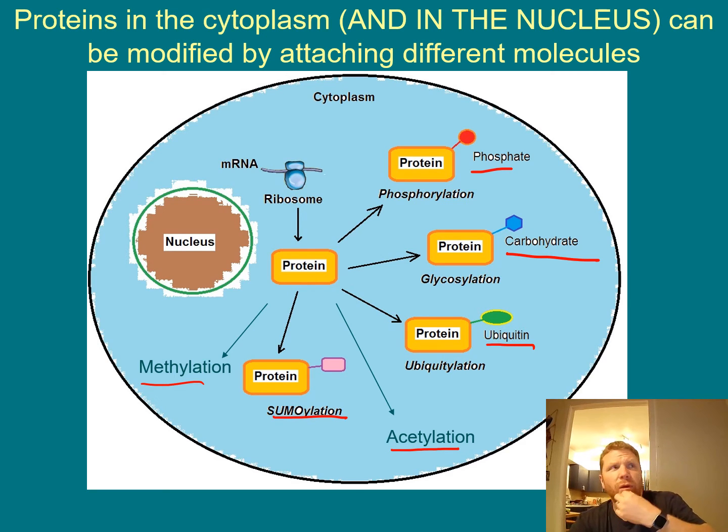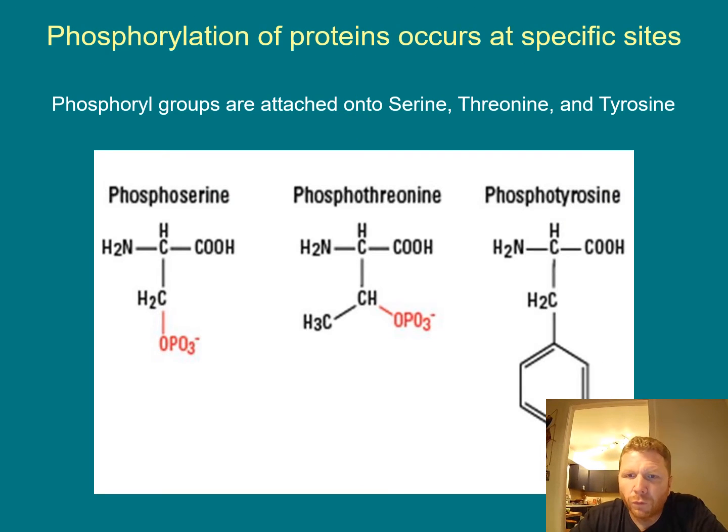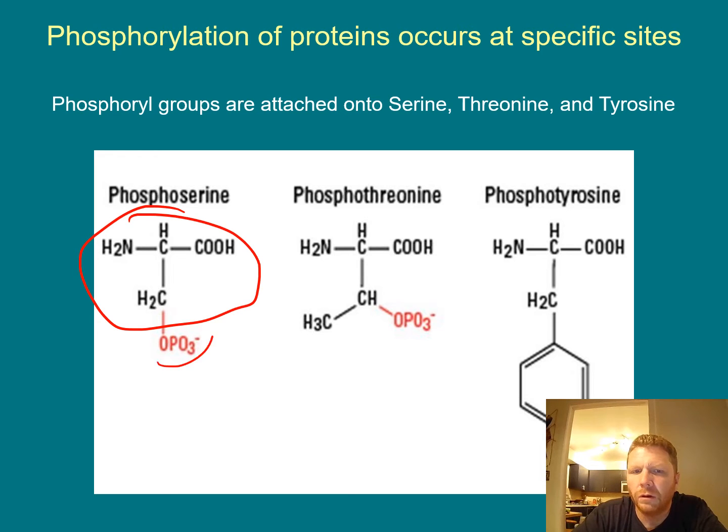We already talked about how ubiquitin is generally a target for degradation. Now, phosphorylation of proteins is generally going to focus on a couple of different amino acids. This would be our serine residue, but instead of that OH, we've got OPO3. So that hydroxyl group is removed and a phosphate group is added, and that molecule is now known as phosphoserine.